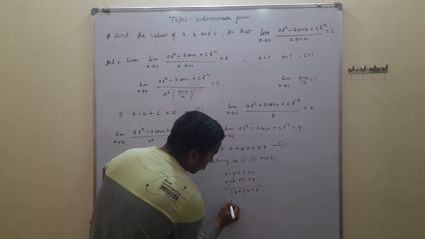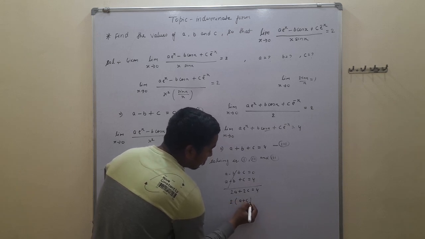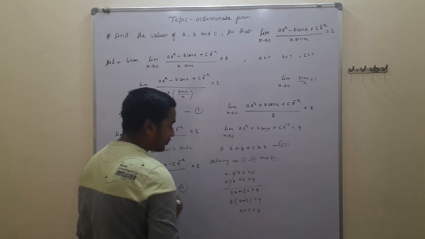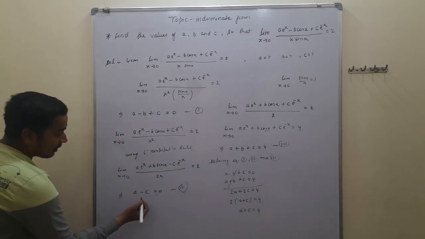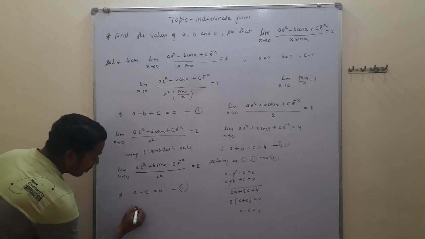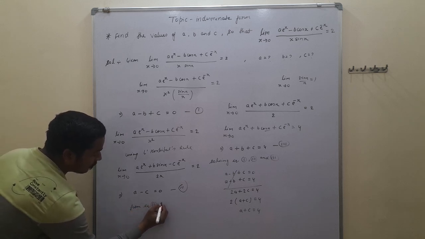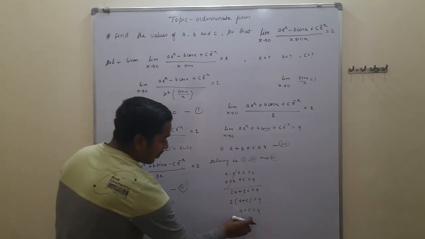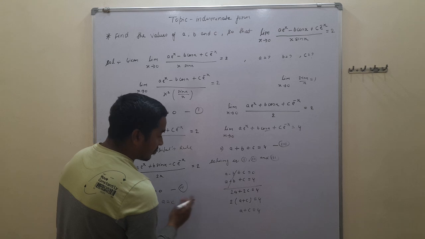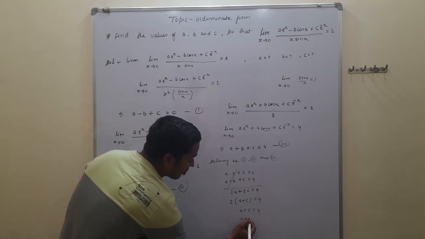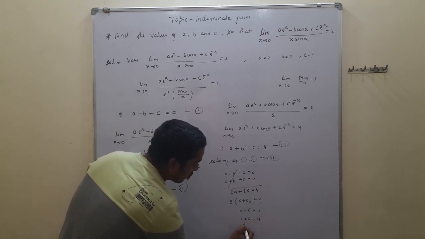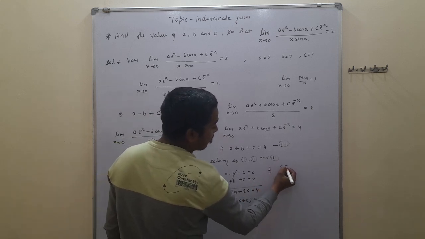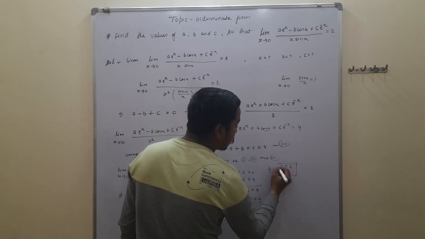Taking 2 common, this is a plus c is equal to 4. And from equation 2 we can also write a is equal to c, and putting c in place of a, this gives c plus c is equal to 4, so 2c is equal to 4, and c is equal to 2, the value of c is 2.